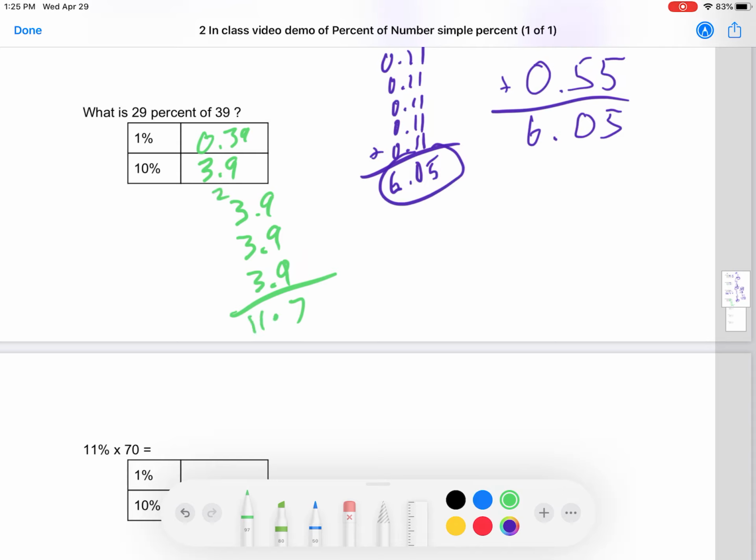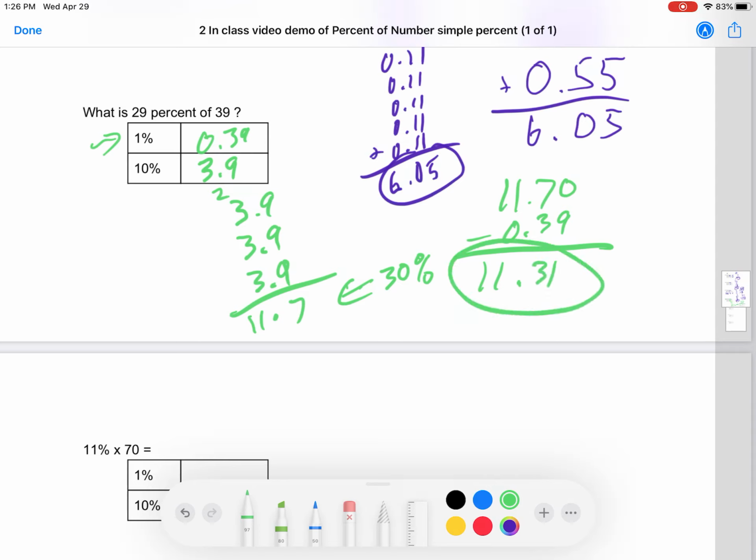So that's 11.7. This is for 30%. Then I'll subtract 1% to get to 29%. So I'll do 11.7, and I'm going to subtract 0.39. What I recognize is that everything to the right of the decimal place is just 70 minus 39. There we go.